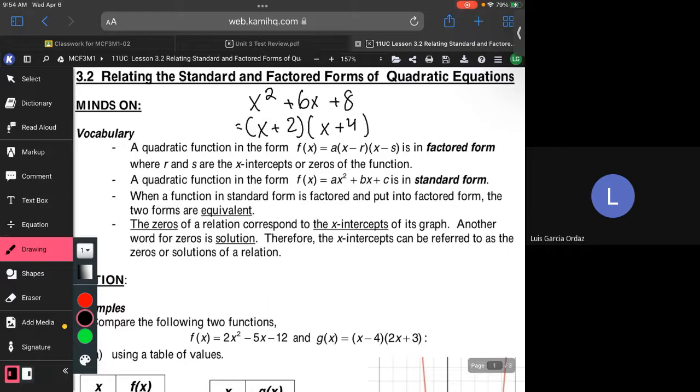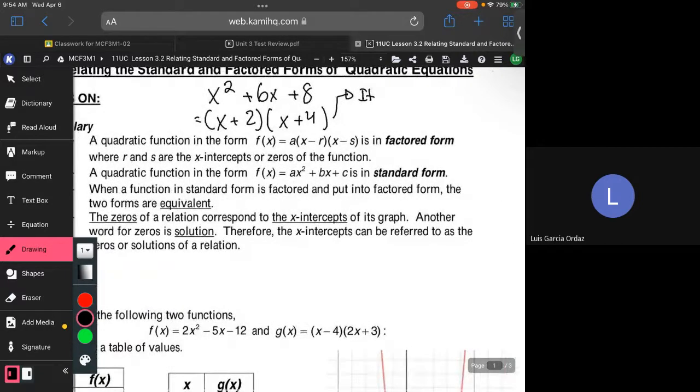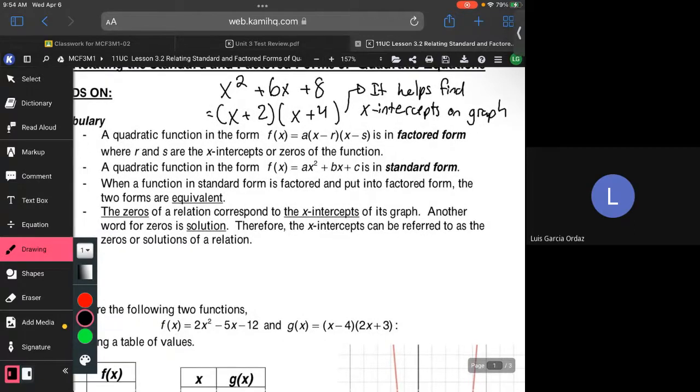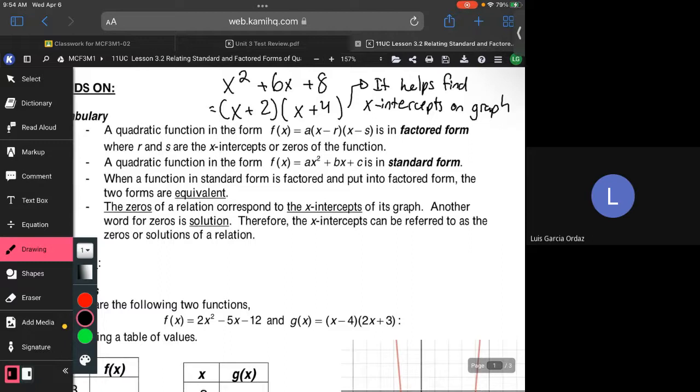This is what we called factored form. What this does is help us find our x-intercepts on the graph. So now when we have something in standard form, which is basically the trinomial written again, we have it as ax squared plus bx plus c.